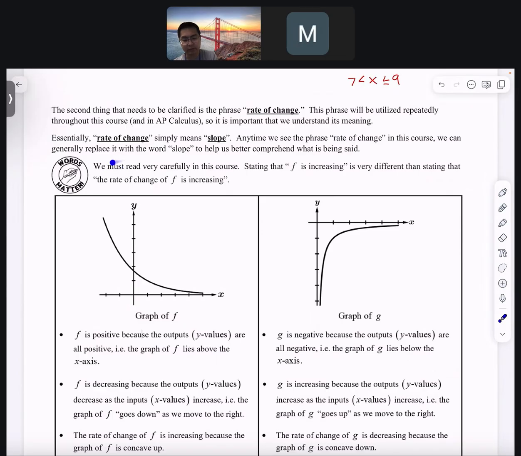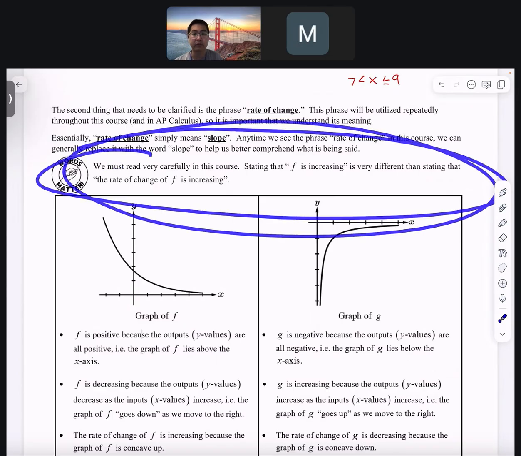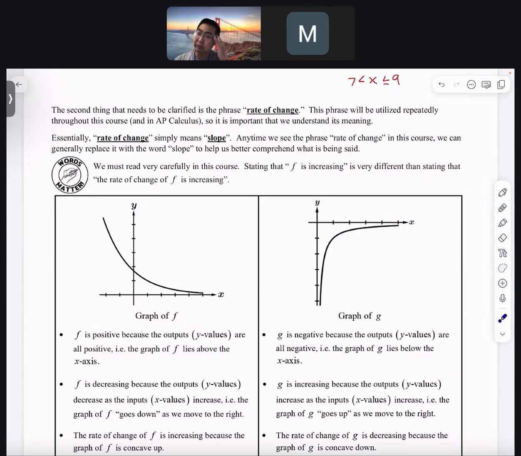Now, this is important for you guys to marinate in your head, right? We must read carefully in this course. Stating that f is increasing is different than stating the rate of change of f is increasing. So we'll look at these examples, okay?